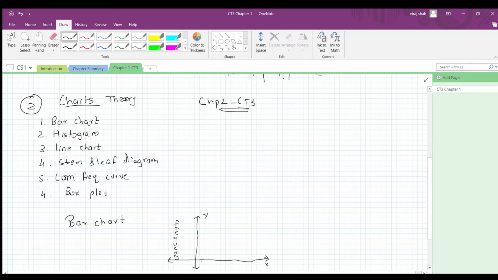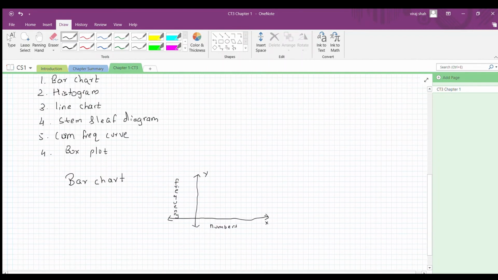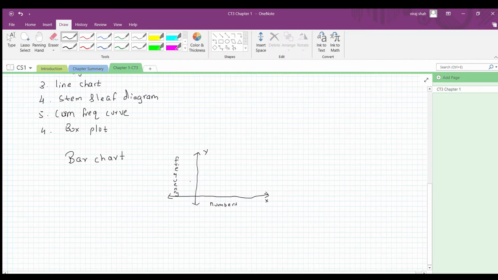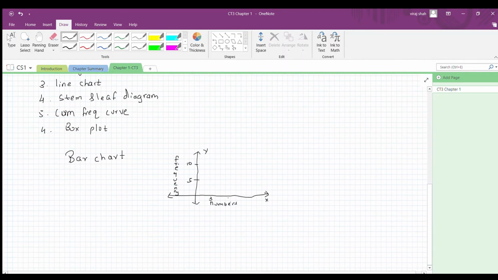And in x we would be modeling numbers. Let's take an example of the numbers 3, 4 and 5 with frequencies of 7, 4 and 4. Let's draw this as 5 and this as 10 for the numbers 3, 4 and 5.